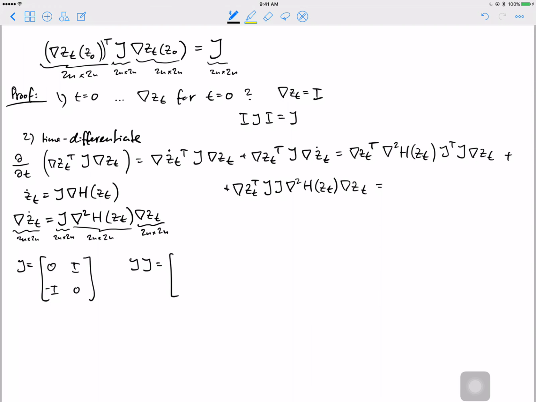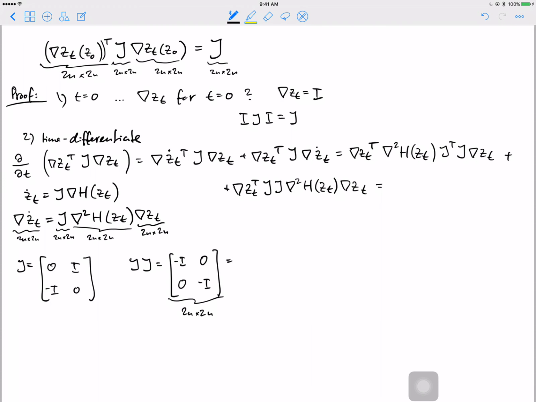I mean, so that's just matrix multiplication, right? I take this row times this column, I get minus I, right? That's what comes here. Then I take this row times this column, well, that's 0. And so on, right? And this is minus identity, 2n by 2n.